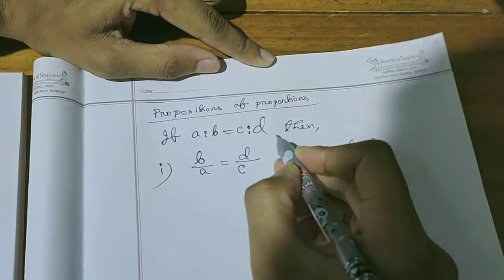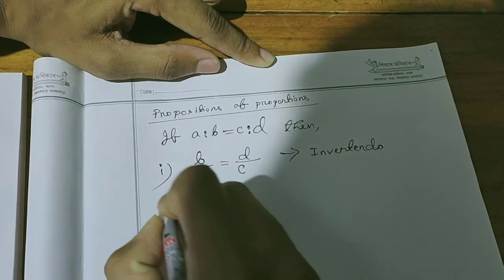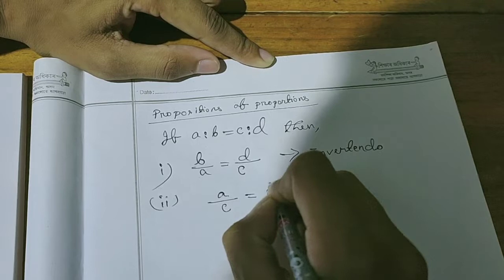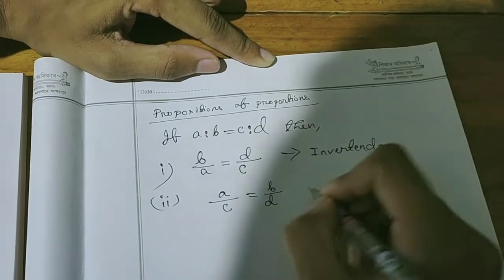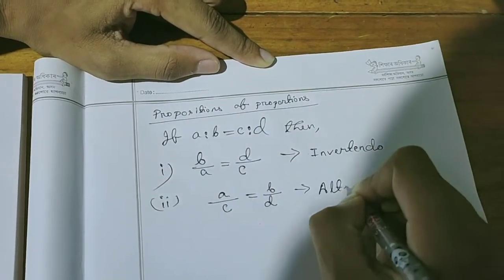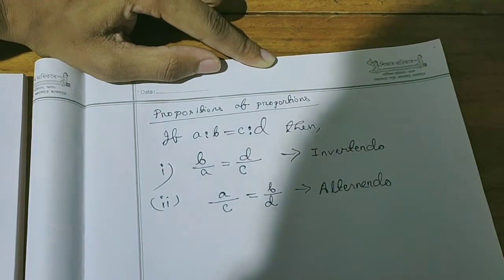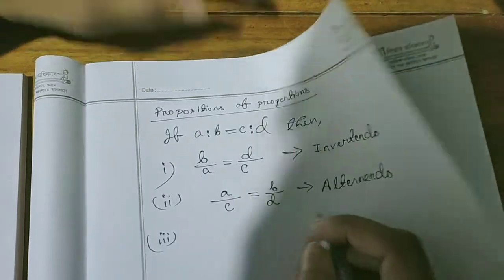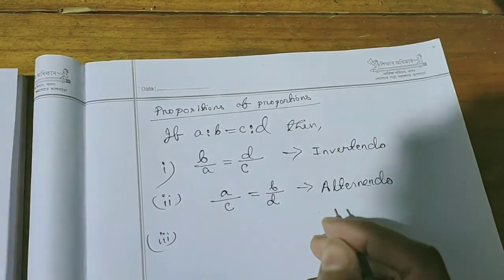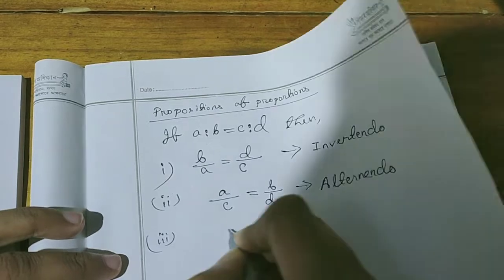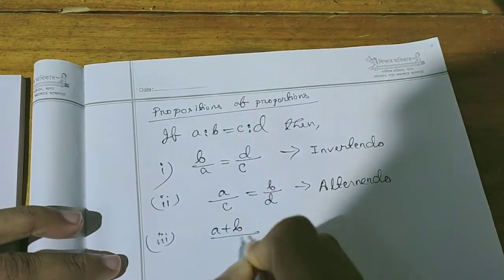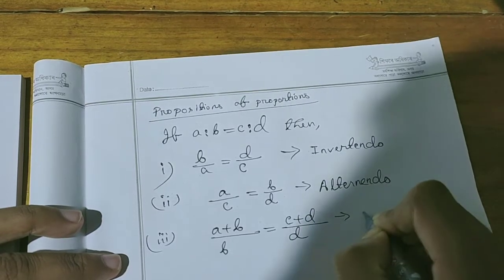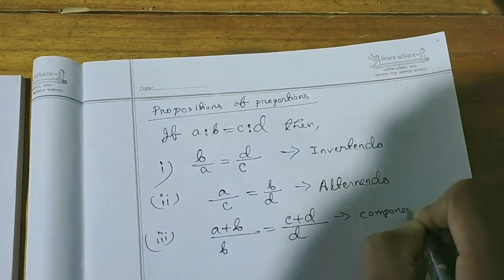If A is to B equal to C is to D, then number 2 is A by C equals to B by D. This is called alternando. Then number 3, if A is to B equal to C is to D, then according to componendo, A plus B by B equals to C plus D by D. This is called componendo.